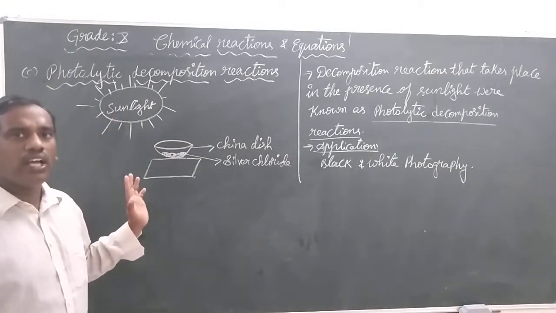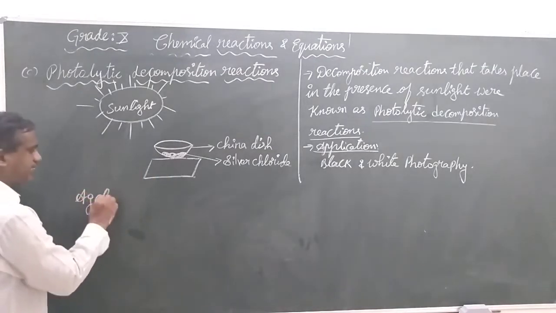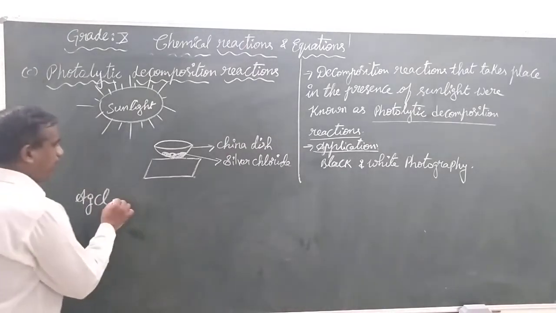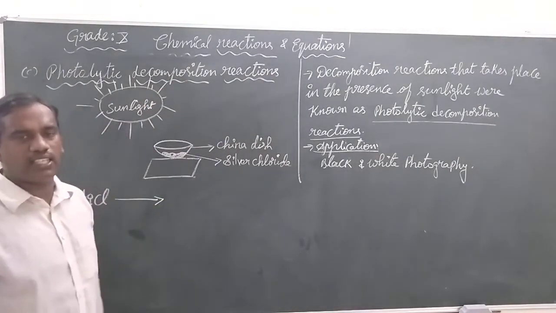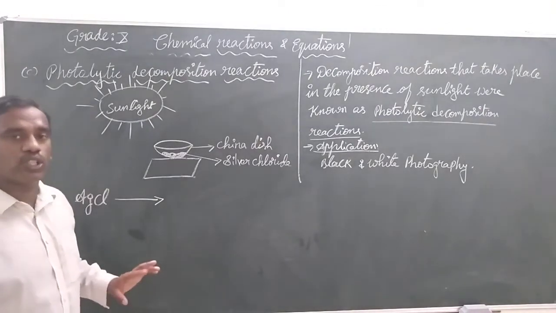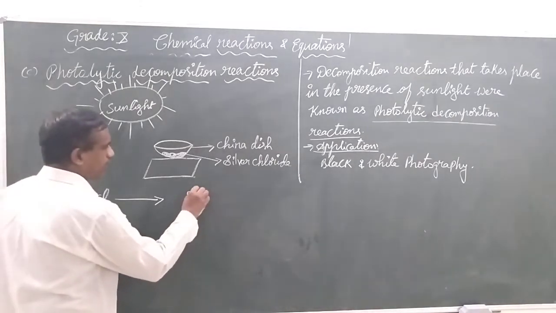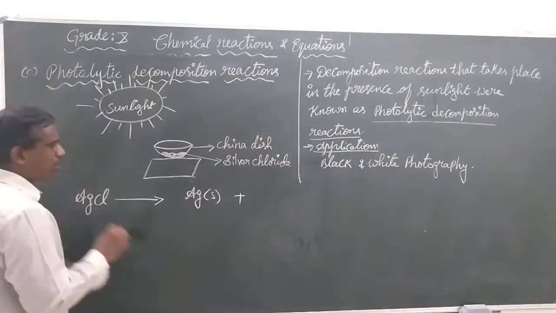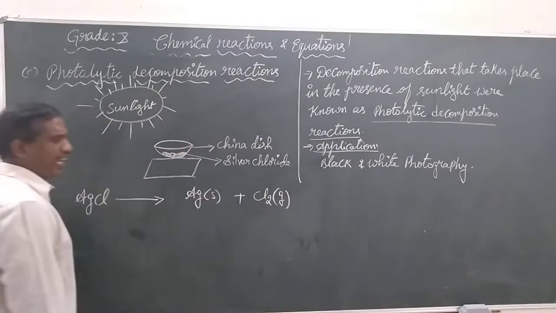Silver chloride is a compound in which a single reactant decomposes to give two or more products. Here Ag is formed and chlorine will be escaping in the form of chlorine gas.